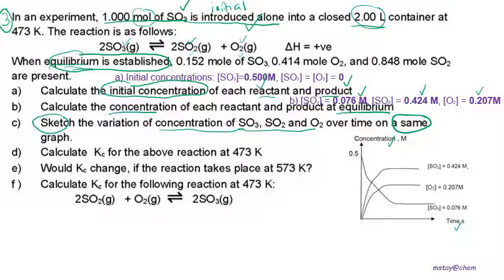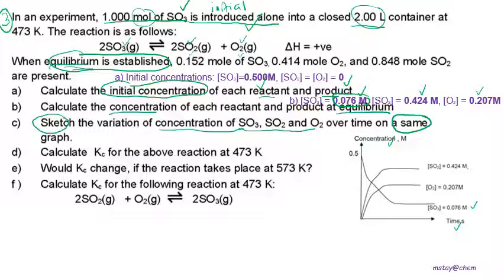Initially we only have SO3, so this is the concentration as we calculated just now in question A, 0.5. The concentration of SO3 is going to decrease until a level which we already calculated just now, 0.076 molar. While for the SO2 and oxygen, they are going to increase.